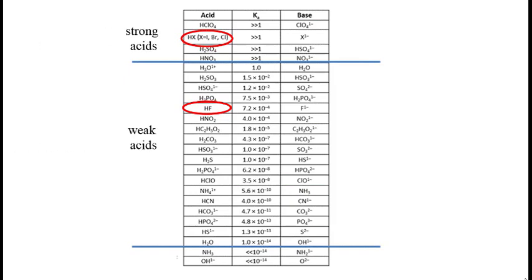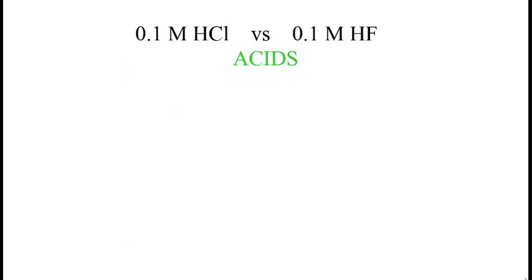HCl is a strong acid, whereas HF is a weak acid. This, of course, affects the amount of hydronium the two acids can form, and thus the pH. According to the chart, HCl is the stronger acid, so that solution will be more acidic, and therefore at a lower pH.